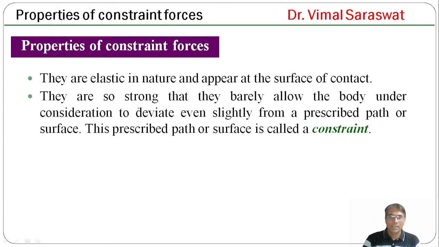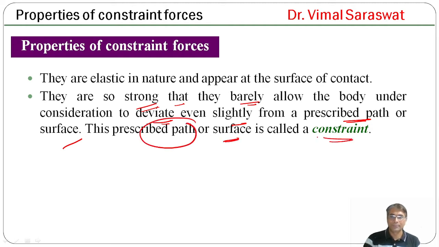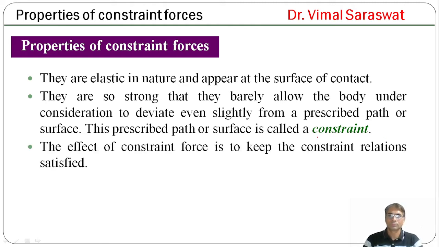They are so strong that they barely allow the body under consideration to deviate even slightly from a prescribed path or surface, and this prescribed path or surface is actually our constraint. The effect of constraint force is to keep the constraint relations satisfied. So, these are the properties of constraint forces.